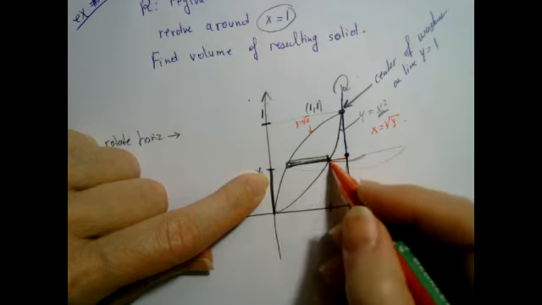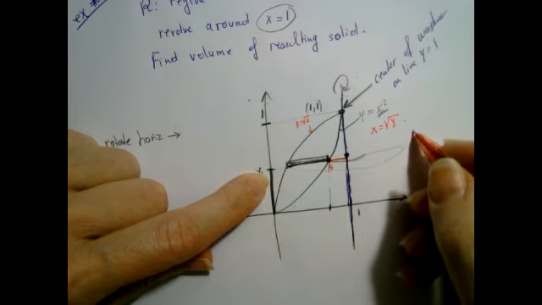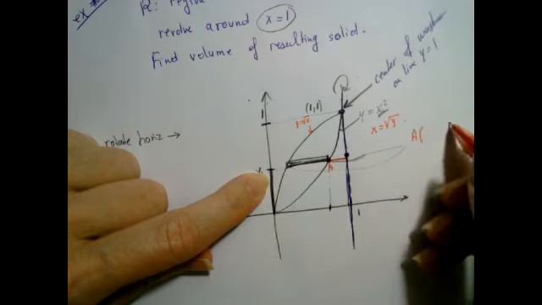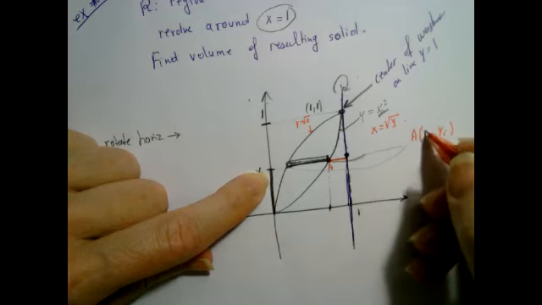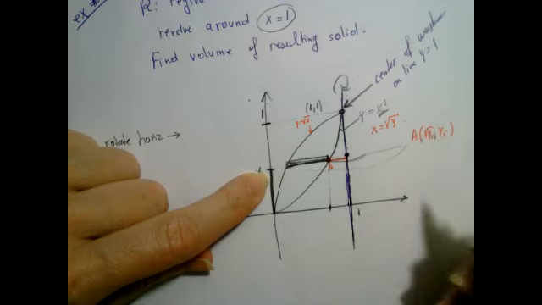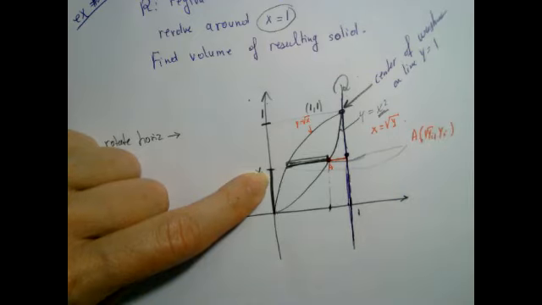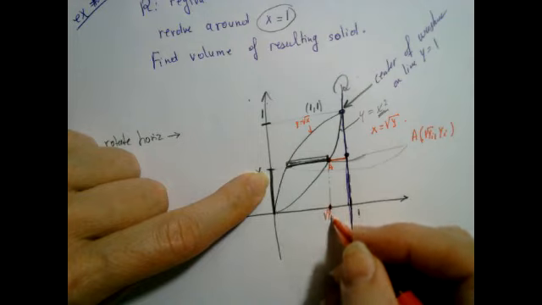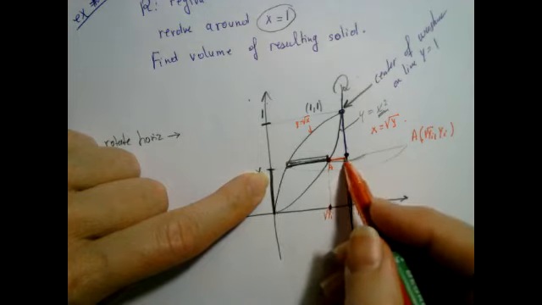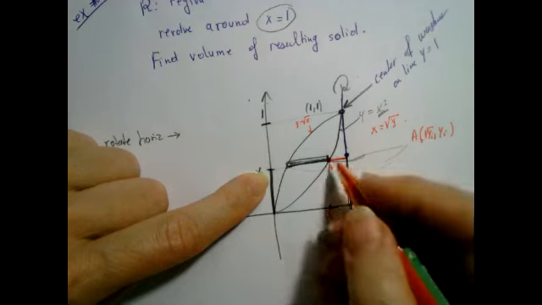So if this is yi, this point here, A, the first coordinate is the square root of yi. That's the coordinate of the point A. Means down here, I have the square root of yi. I need this horizontal distance. That's my inner.